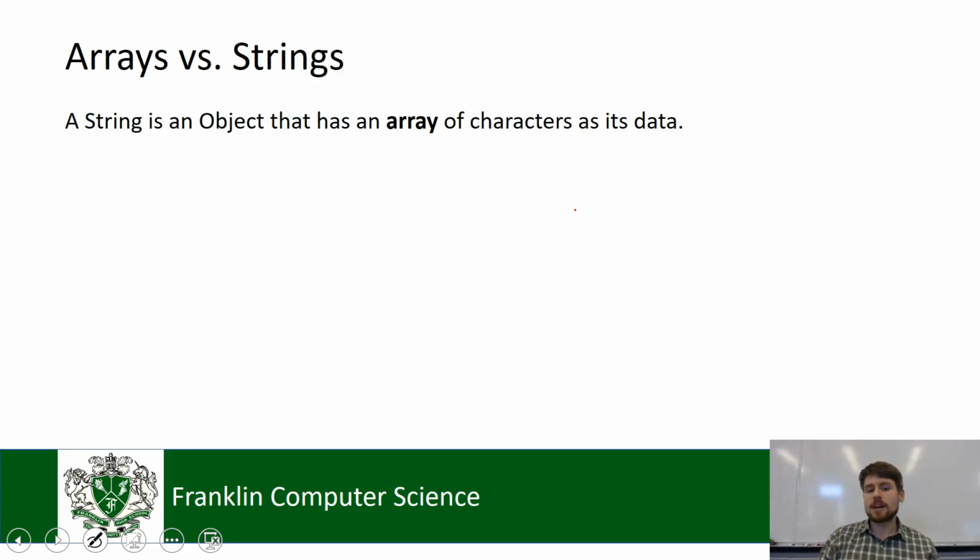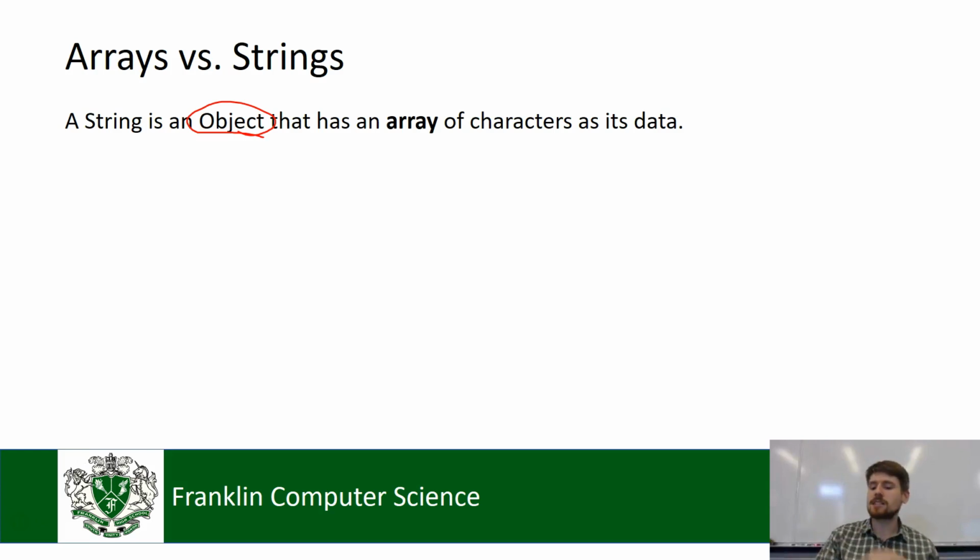So what's different about arrays versus strings? A string, unlike an array, is an object, and we haven't talked a ton about what objects are, but objects have a special meaning in programming. It just has an array of characters as its data, and it's going to have some more things. There are more tools.